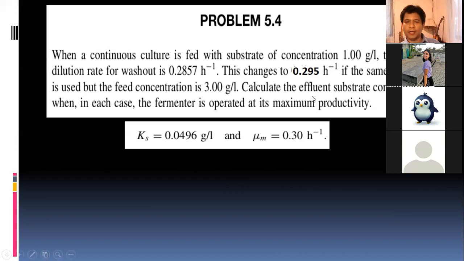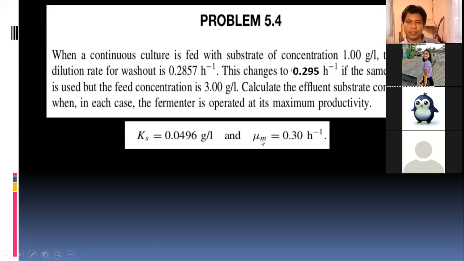Okay, so pinapahanap yung S, di ba? Substrate concentration. So gamitin niyo lamang yung equation, di ba? We have this D optimum is equal to mu m times 1 minus square root of K sub S divided by K sub S plus S sub O. Di ba? Gamitin niyo lang yung equation na yon. So you'll be able to calculate the D optimum.